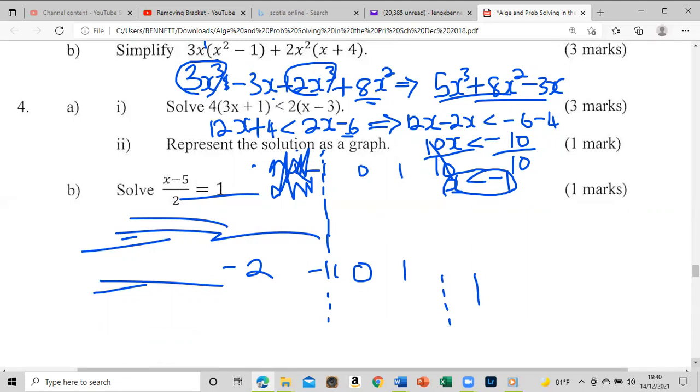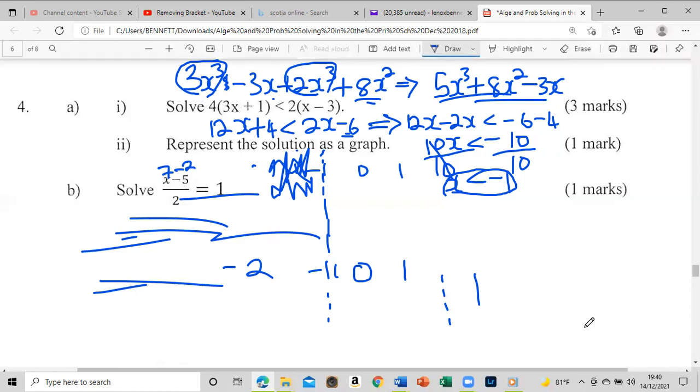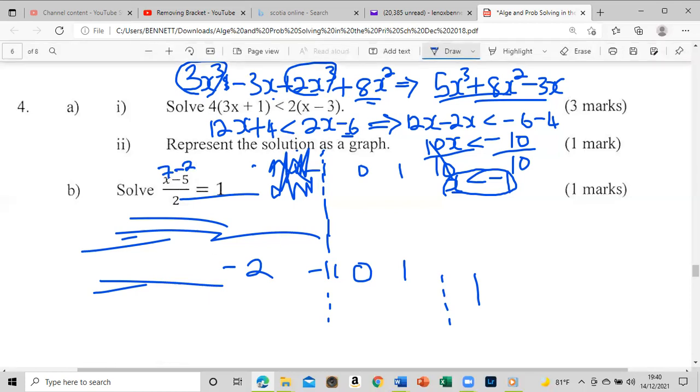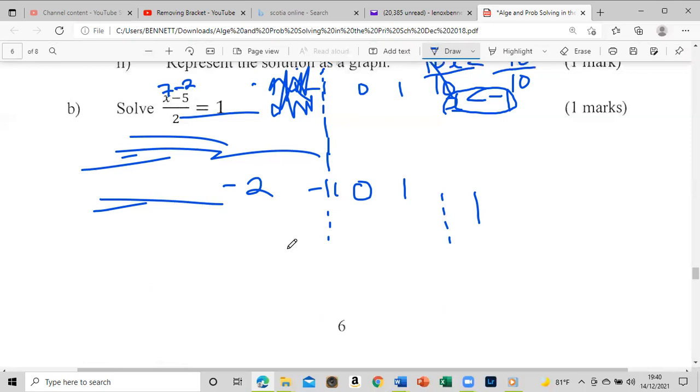Which number is that? Tell me. x after the 7. Watch out, 7 minus 5 is not 2. But work it out.